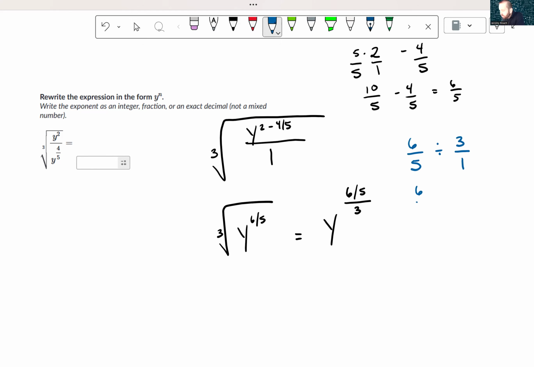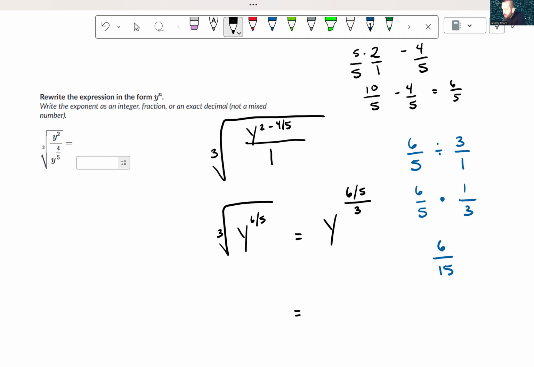So 6 over 5, keeping the first term the same, changing the sign to multiply, keep, change, flip. And then we're going to flip the 3 over 1 and make it a 1 over 3. So now this becomes 6 over 15. And that's our final answer for this.